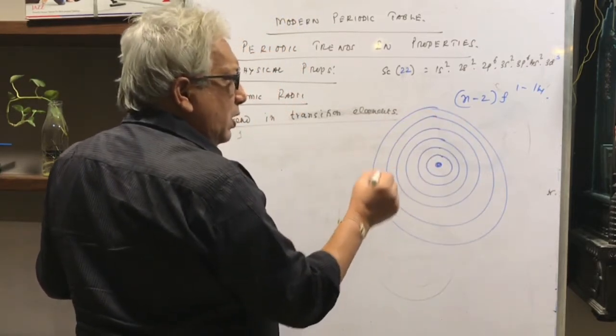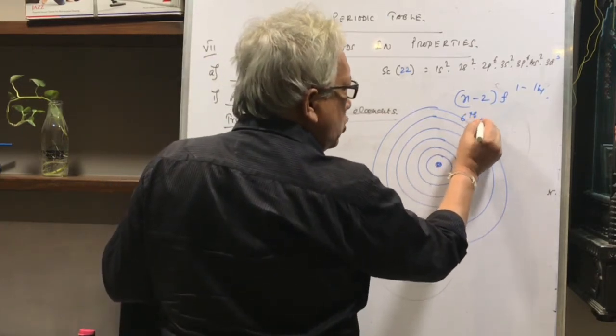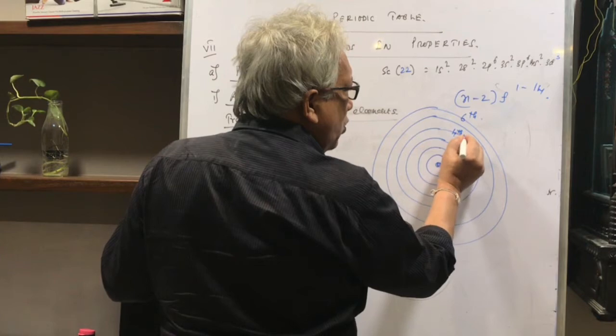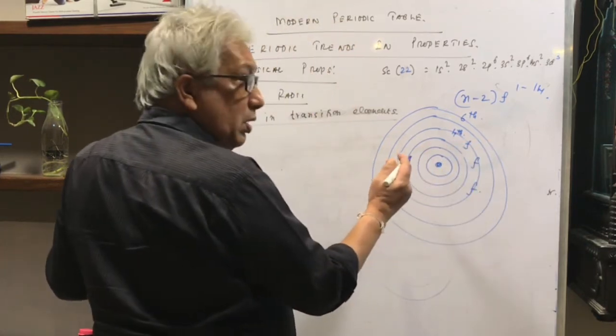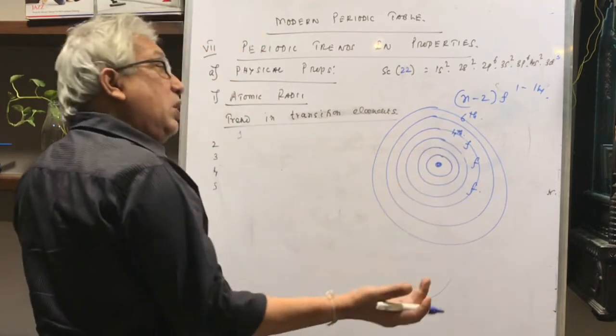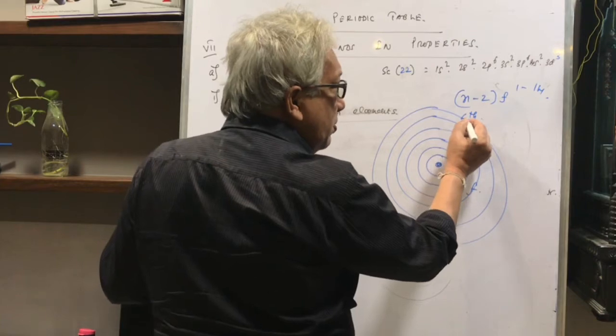All the electrons come into the fourth shell: f electron 1, f electron 2, f electron 3. They have come inner, and as a result the shielding effect is even more powerful, and therefore the contraction that takes place is less.